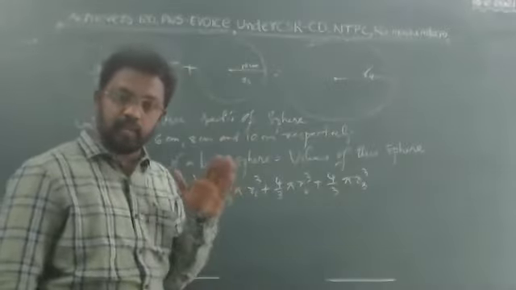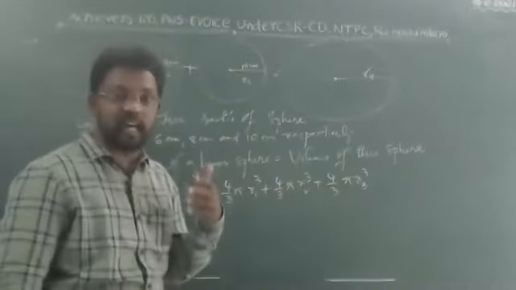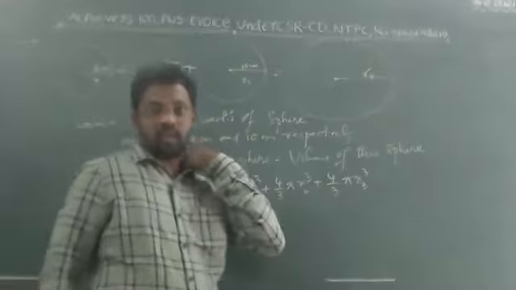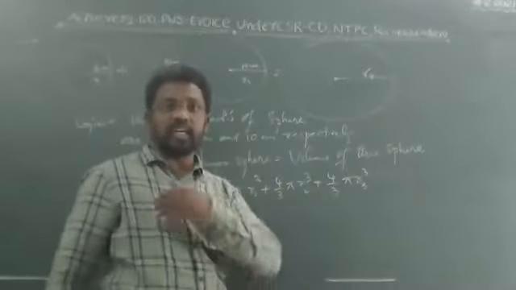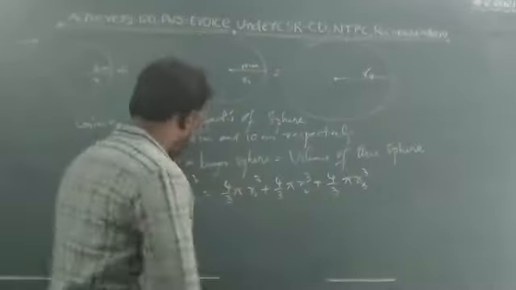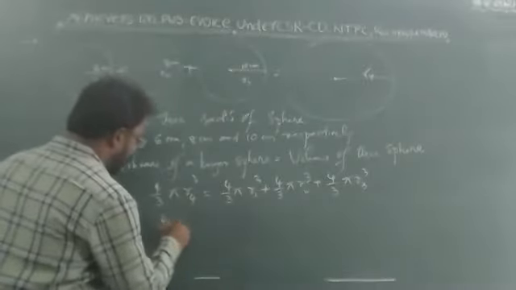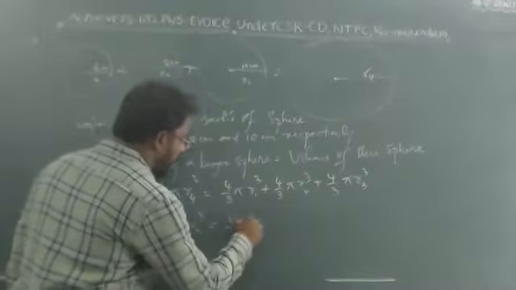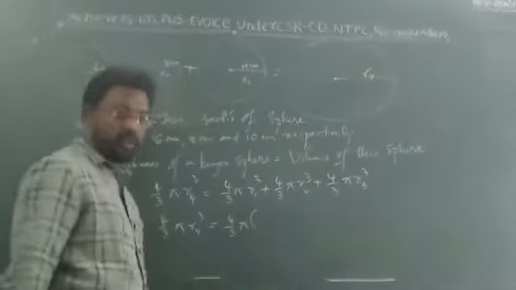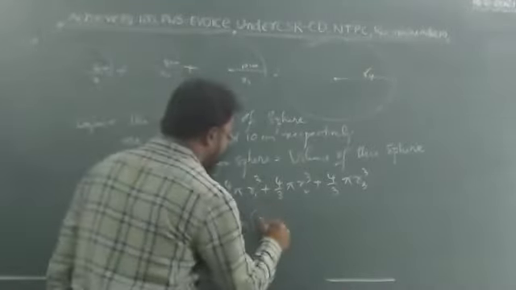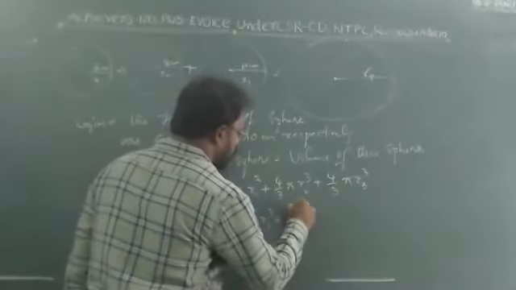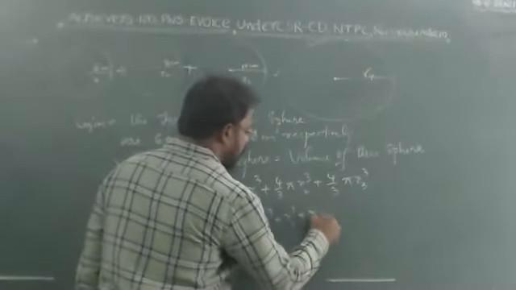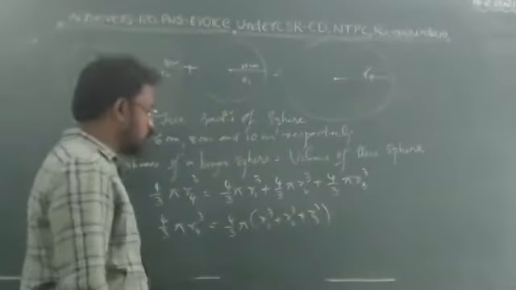So take 4 by 3 pi as common, this is the easiest method. 4 by 3 pi R4 cube is equal to 4 by 3 pi times R1 cube plus R2 cube plus R3 cube.